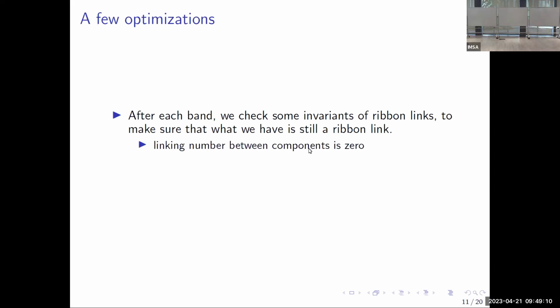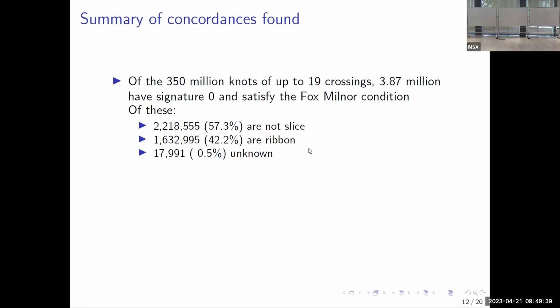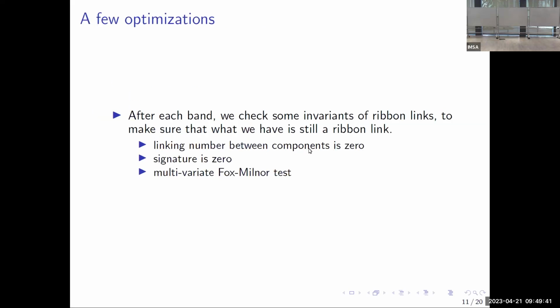One thing is that the linking number between the two components has to be 0. Otherwise there's definitely no chance of reaching the unlink, because if you don't have 0 and you add more bands, you're still going to have linked components. The signature has to be 0. And then there's a multivariate Fox-Milnor test you can do on your link to see if it's a slice link. So there are a few optimizations of this nature you can do.